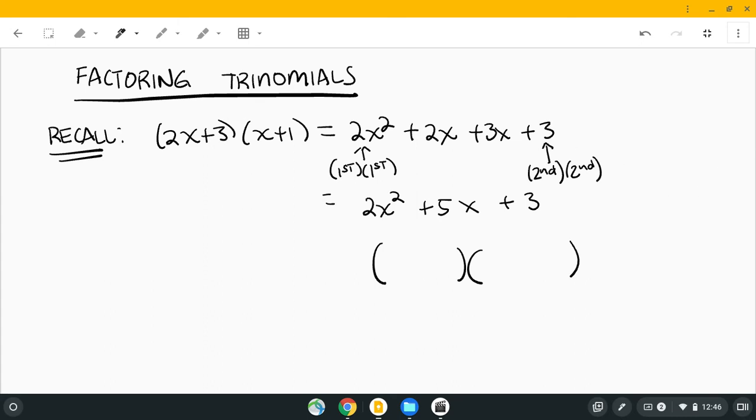Okay, so over here, this 5x was the combination of 2x plus 3x. And we got this one from the outside product.